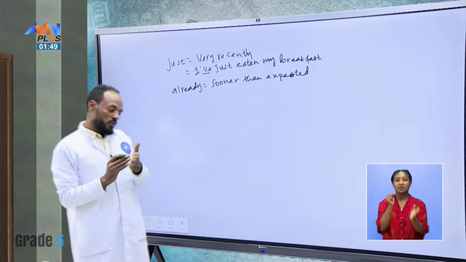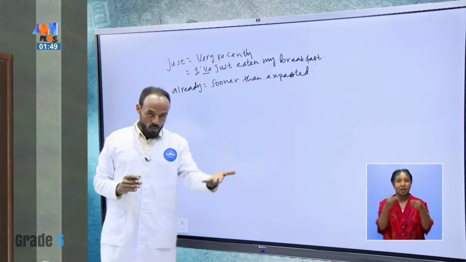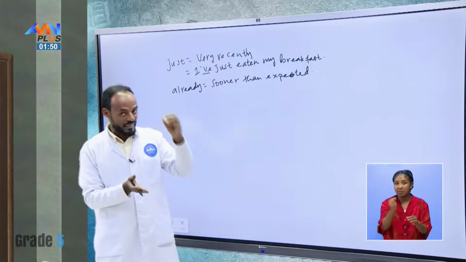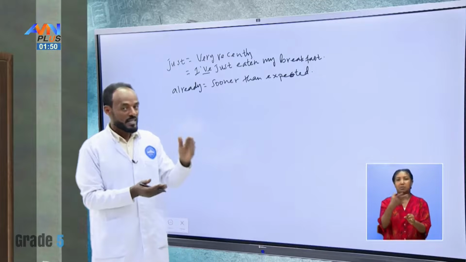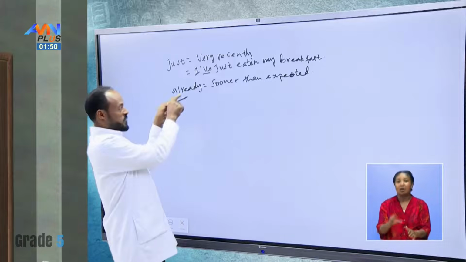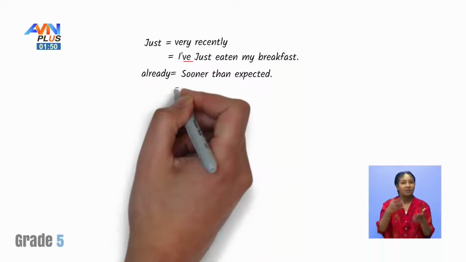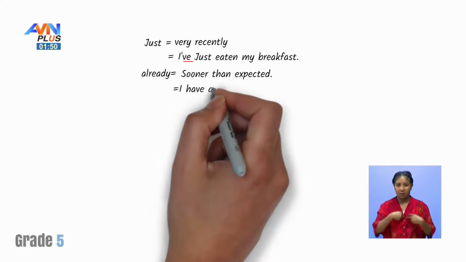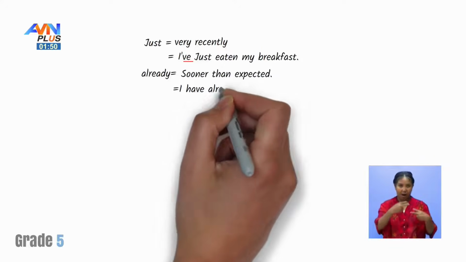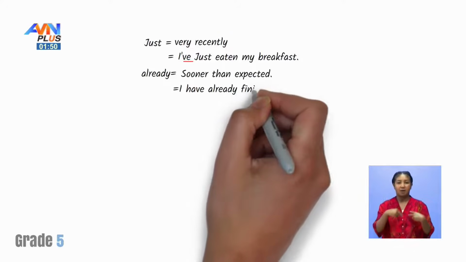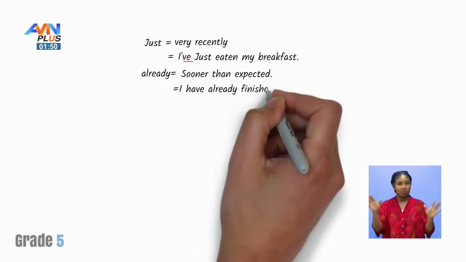For example, if your teacher gave you homework or maybe classwork, which should be completed within 10 minutes, and you have finished the assignment or the test or something else before the given time, you can use what? Already. Okay? You can say, I have already... it goes between have or has and verb 3. I've already finished it.